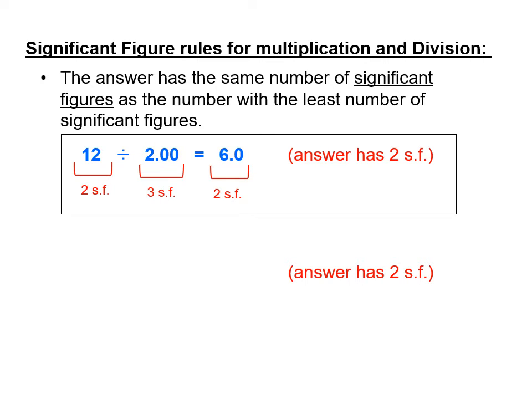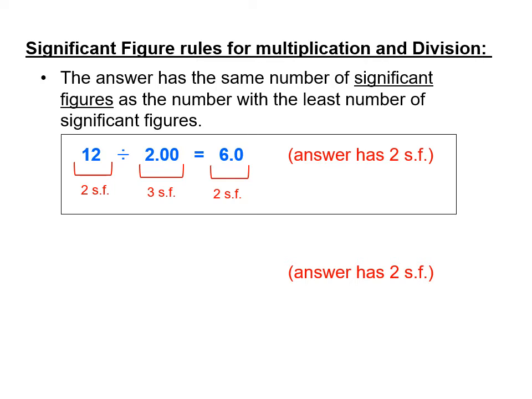If I have 12 divided by 2.00, 12 has two significant figures. 2.00 has three significant figures, right? It has three significant figures because those zeros count since there's a decimal point there. That means my final answer should only have two significant figures.